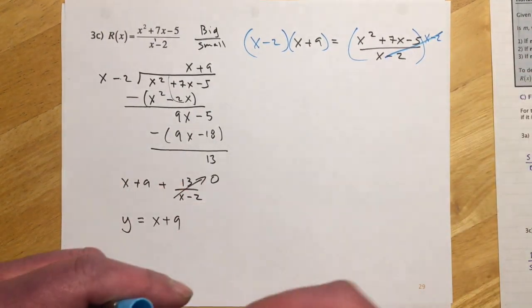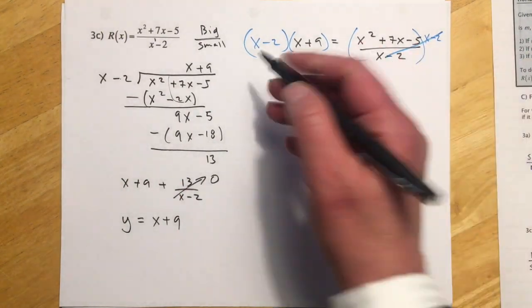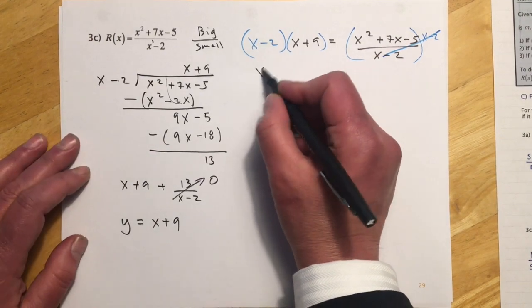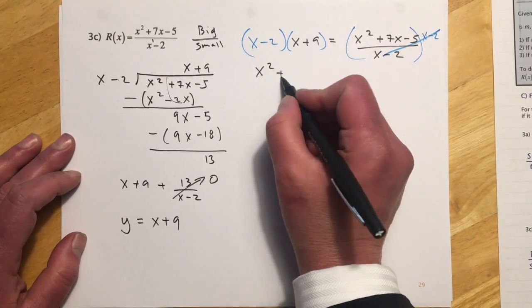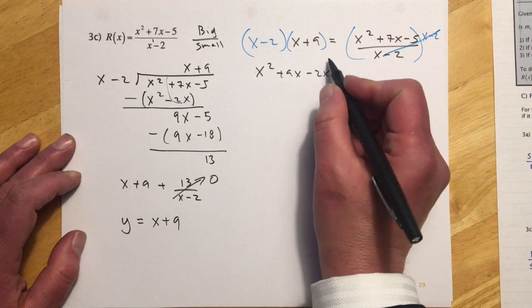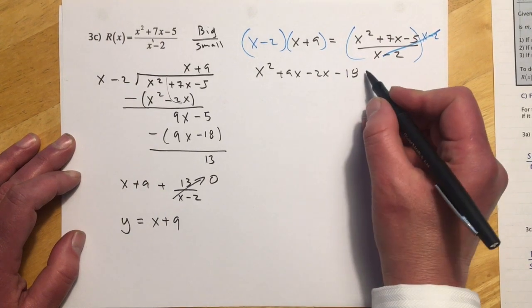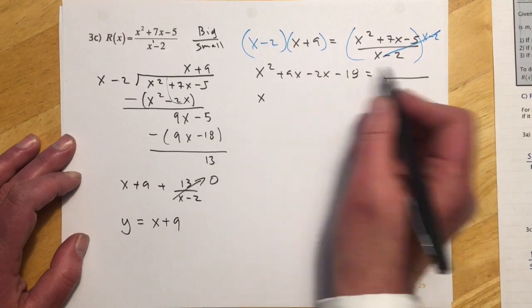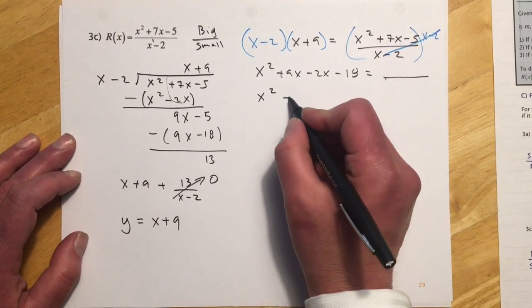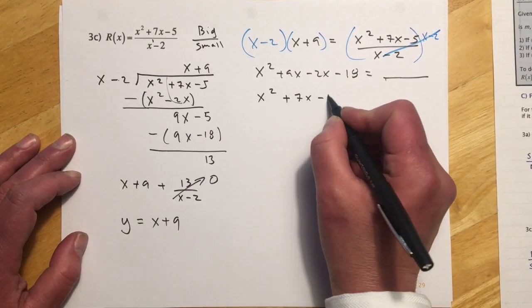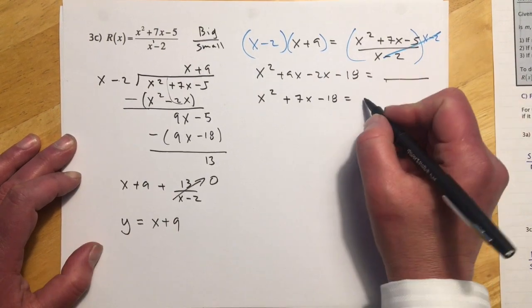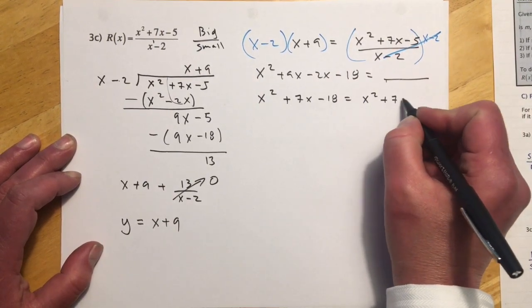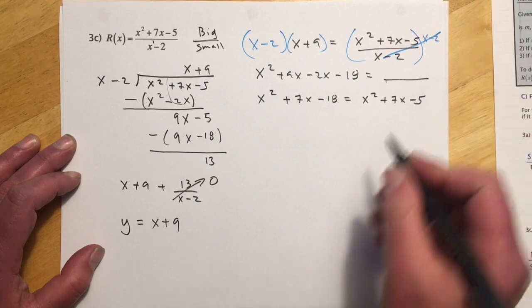Those cancel. Over here I'll do a little bit of FOIL, so I'll be x squared, and then plus 9x minus 2x minus 18 equals this stuff up here, and let me collect my terms and I'll bring that down. x squared plus 7x minus 18 equals this x squared plus 7x minus 5.